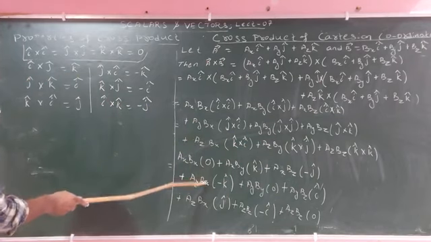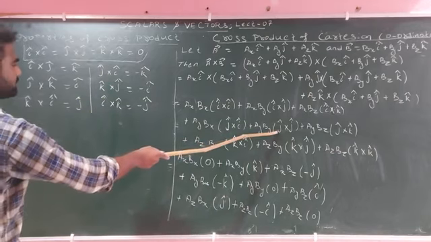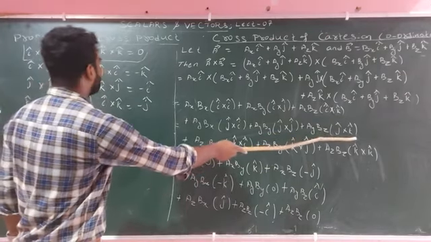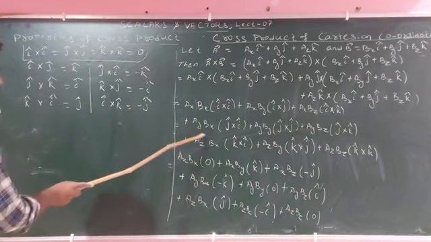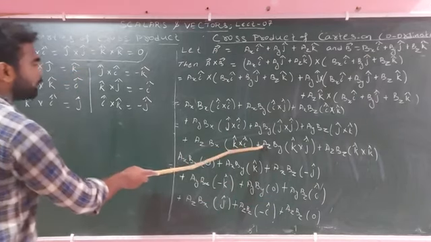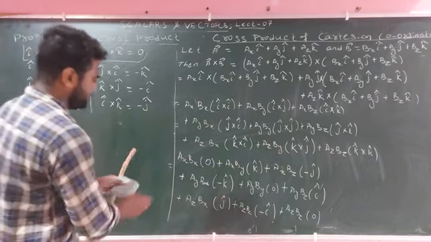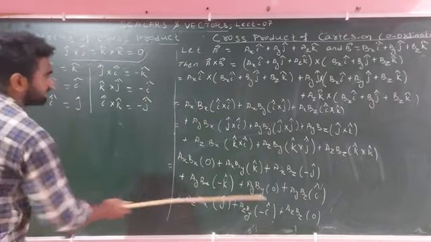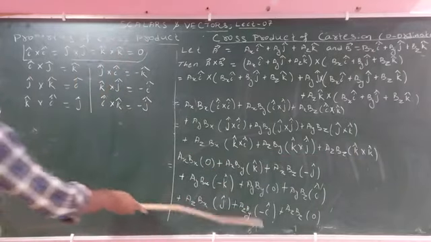Similarly, ay bx, j cap cross i cap will be minus k cap. ay by, j cap cross j cap will be 0. ay bz, j cap cross k cap will be i cap. az bx, k cap cross i cap will be j cap. az by, k cap cross j cap will be minus i cap, and az bz, k cap cross k cap will be 0.